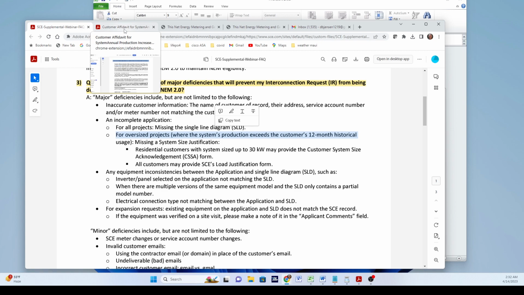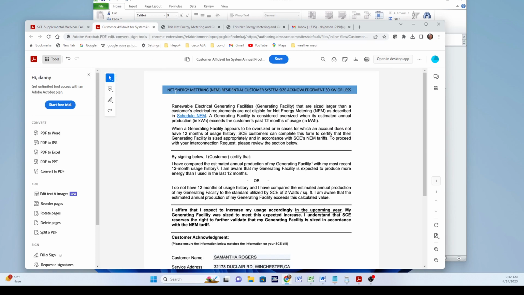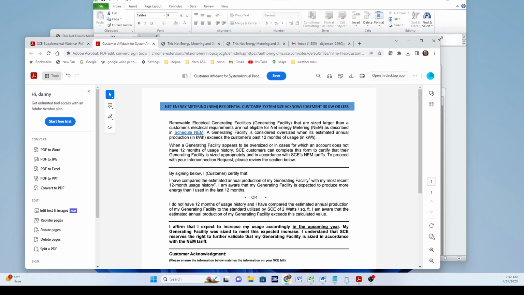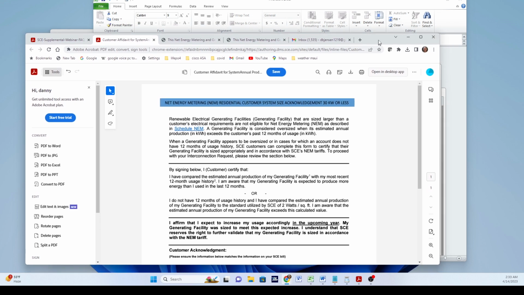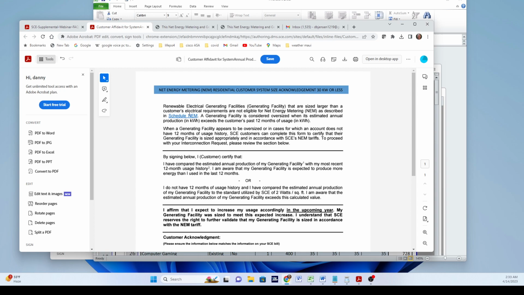So what happens if you don't have a 12-month history? What could happen is you go in and download this affidavit document, and it's on the same list of documents.